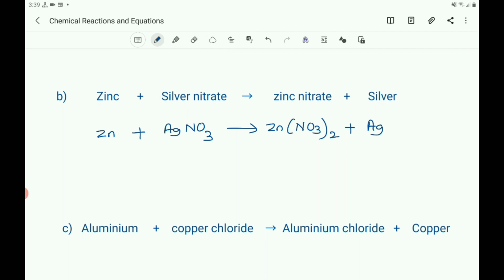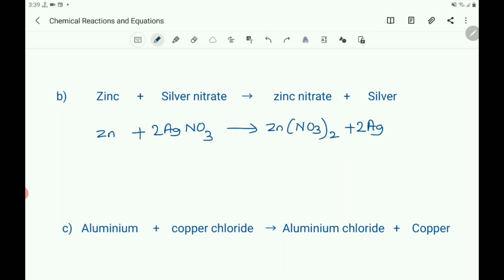Now you check whether it is balanced or not. Here NO3, O3 is there, and here O is 2 3s are 6. So to have 6 oxygen atoms, you multiply AgNO3 by 2. Now here 2 Ag you got, so you make it 2. And 2N is there and N2 is there.